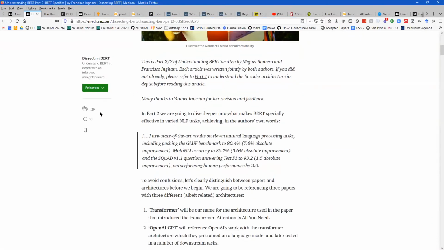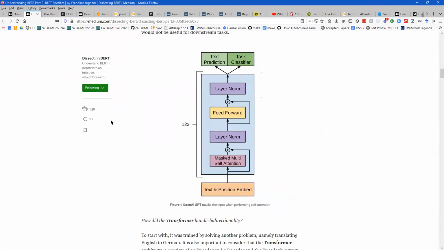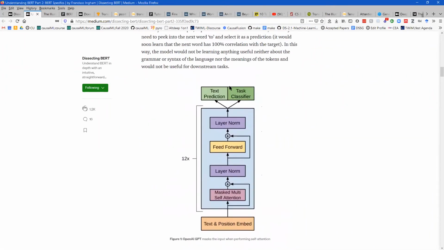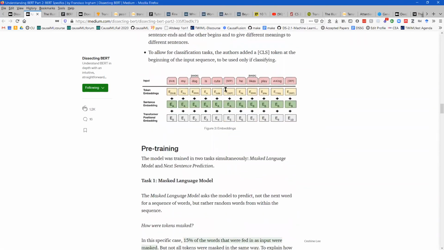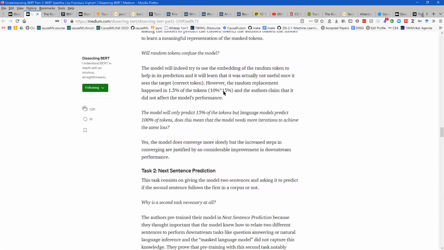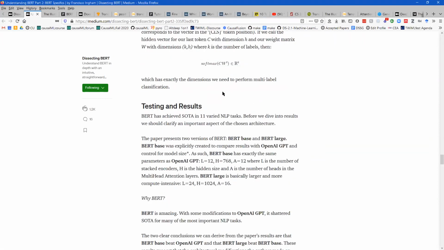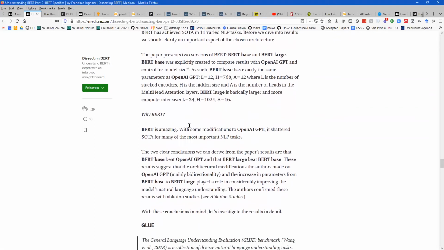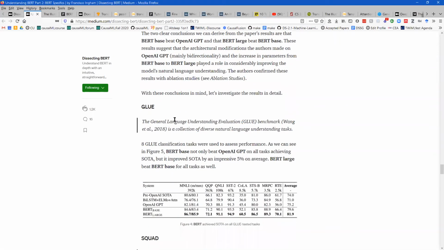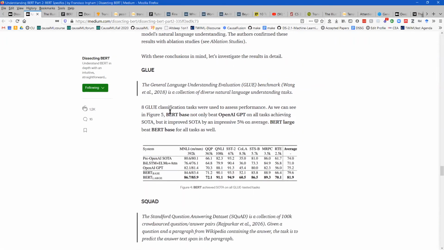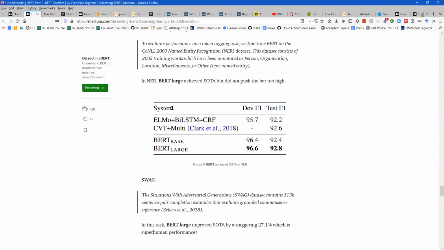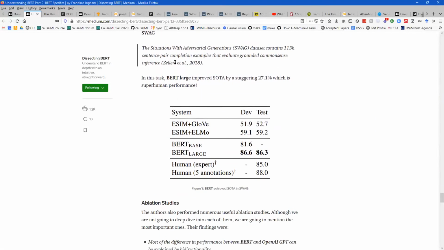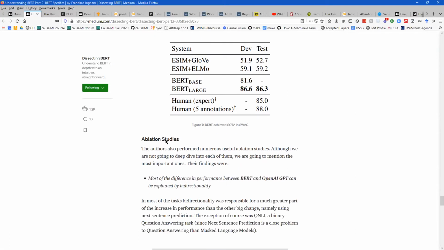This guy goes into a little more detail about how BERT is trained, and he talks about how GPT is trained, and then he reviews the transformers a bit. But in the end, he goes through and shows all of these tasks and the results from all the different tasks. Here you see GLUE and SQuAD, which we're familiar with, named entity recognition, SWAG, which I don't know, situations with adversarial generations, and then ablation studies.